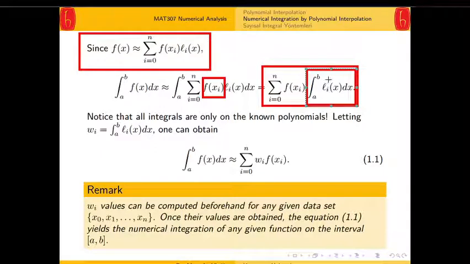So we can use this information to take integral of any function, not just f. If we are given, for example, some other function, we can still do the same. Okay, so if we let this integral be equal to wi, the weight, then this will give us this integral will be equal to basically wi times f of xi.